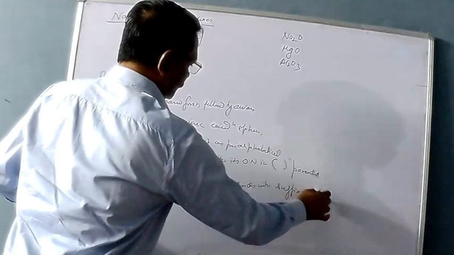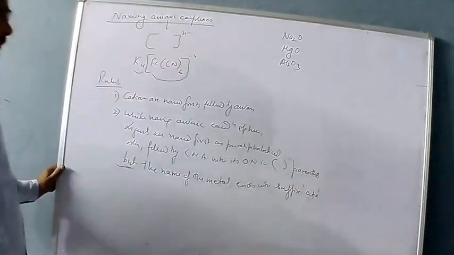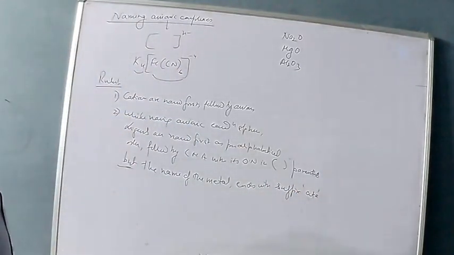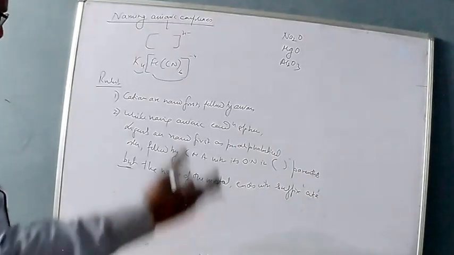This is the basic difference between cationic and anionic. Here, the name of the metal will end with the suffix -ate.